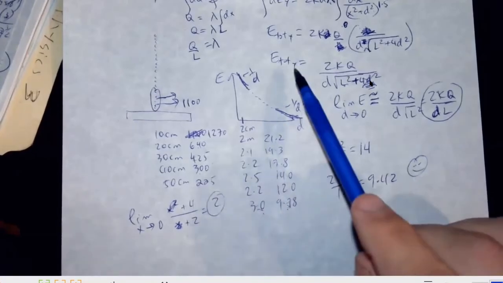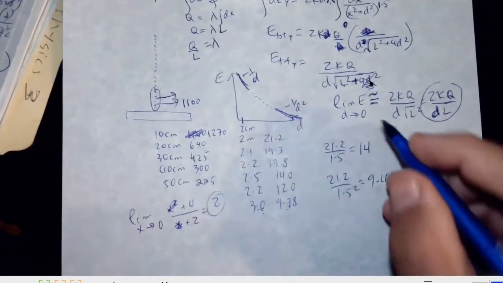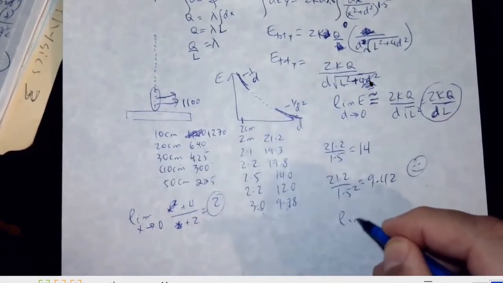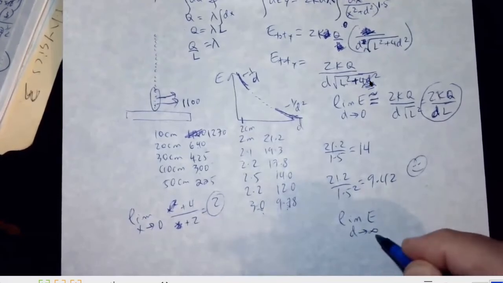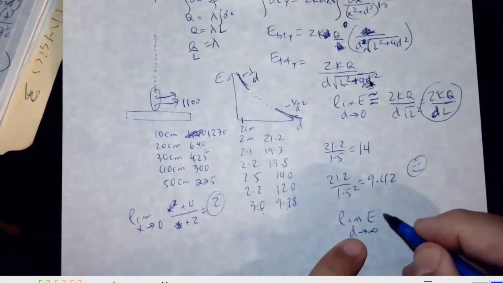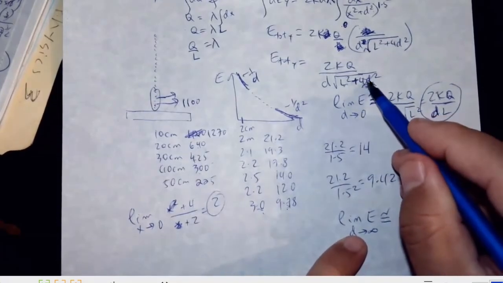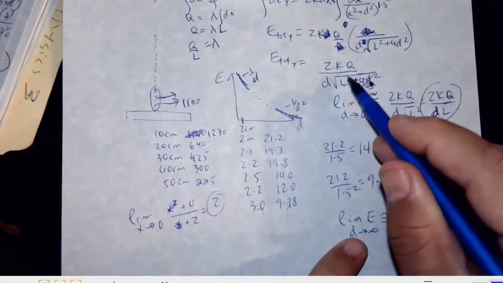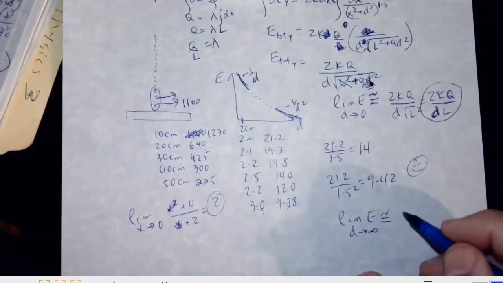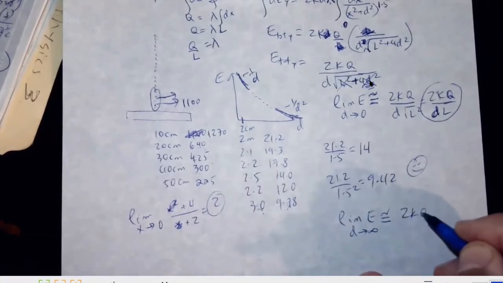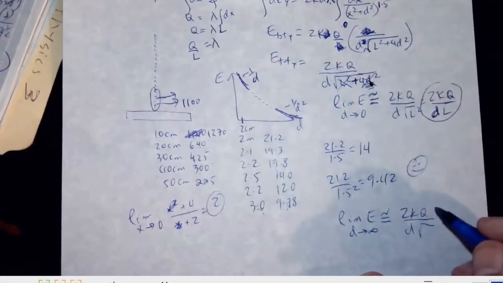Okay, then the other way to go far, we say let's take the limit when the distance is getting big to infinity, and then what does the equation give you? So now if this is big compared to this, we can eliminate this guy, right? Then we can say 2kq over d, the square root of 4d squared.